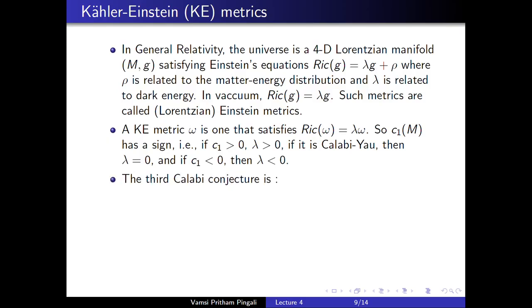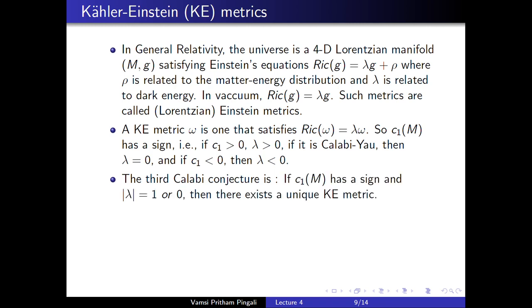So the third Calabi conjecture is, if C1 has a sign and you normalize lambda so that it's 0, 1 or minus 1, there is a unique Kahler-Einstein metric. Okay. So for C1 equals 0, we already saw that the previous Calabi conjecture solution implies this.